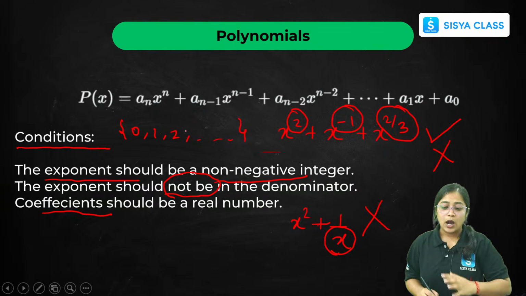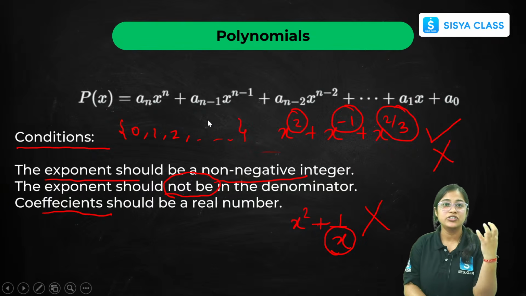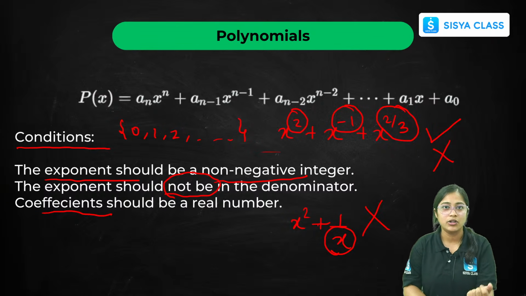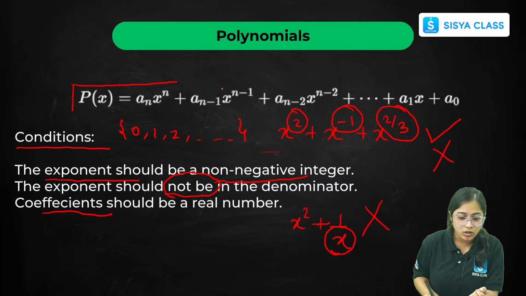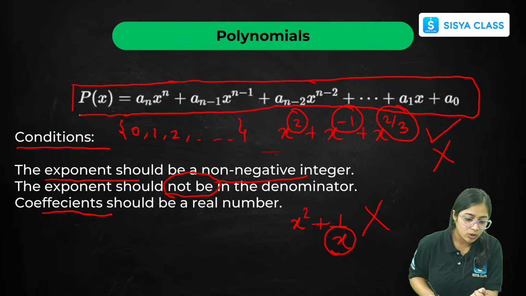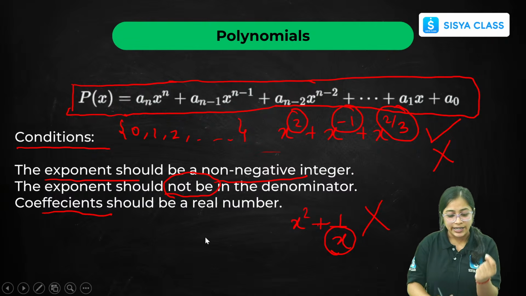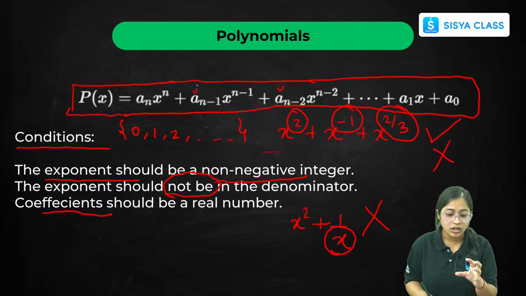Okay. Now, what is the general notation for a polynomial? How do we represent our polynomials? Generally we write our polynomials as an x raised to power n plus an minus 1 x raised to power n minus 1 plus and so on up to a0. Here an, an minus 1, an minus 2 are the coefficients.